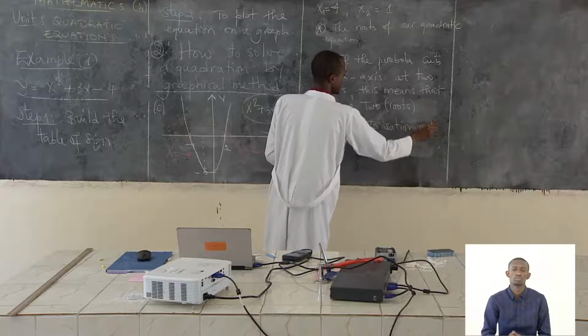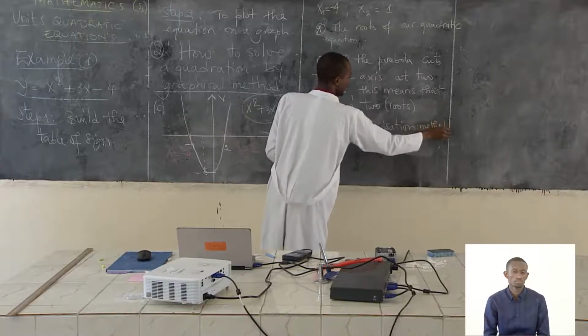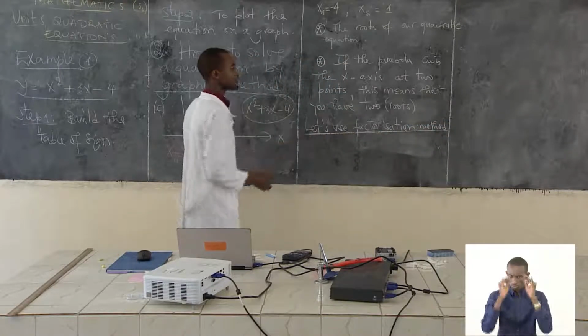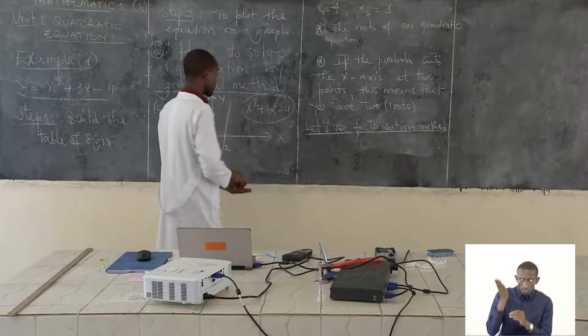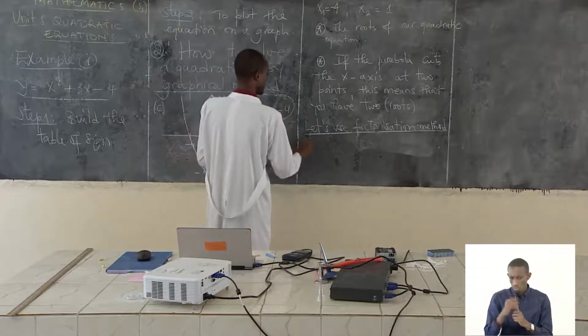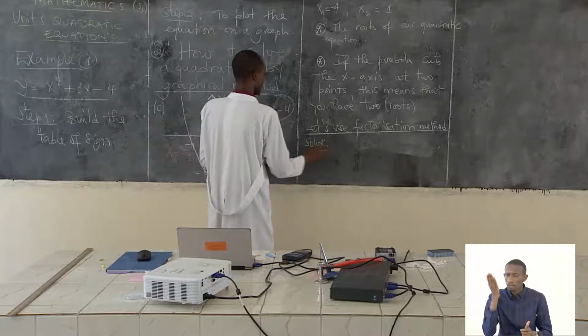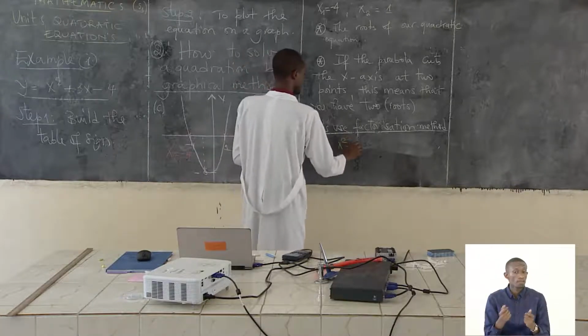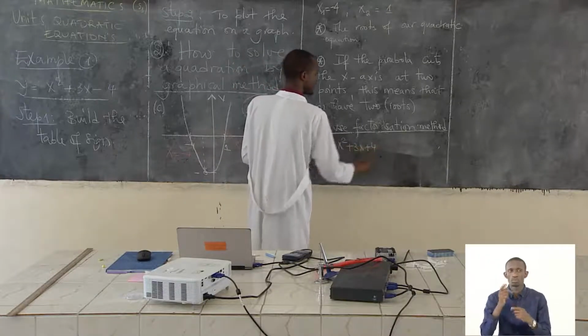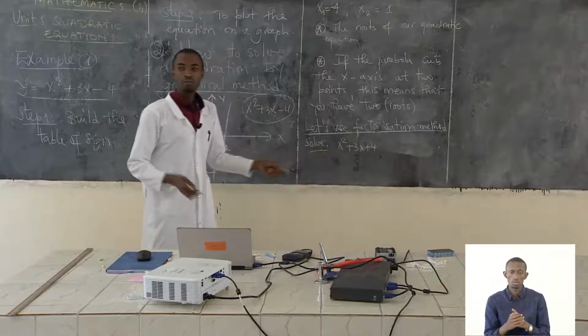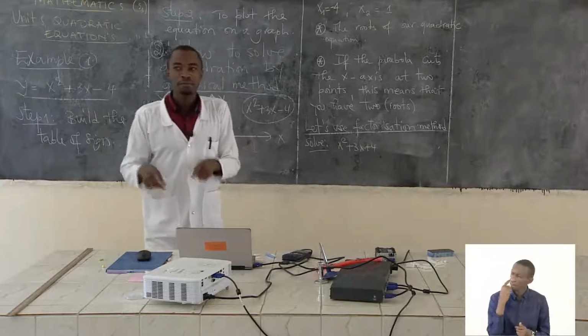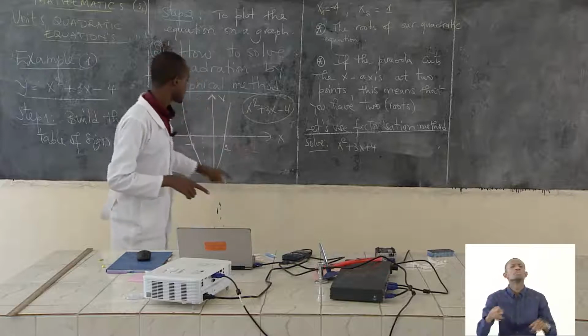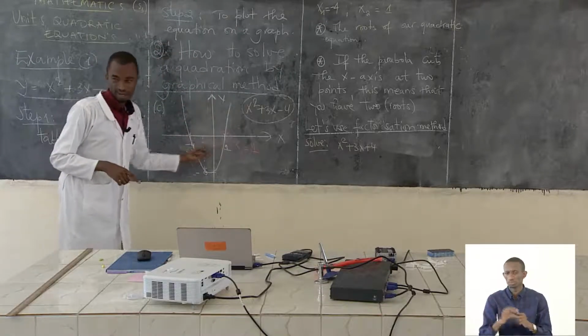When you use this method, we solve x squared plus 3x minus 4. When we solve it, we will find if we get the same answers as the ones we found here.